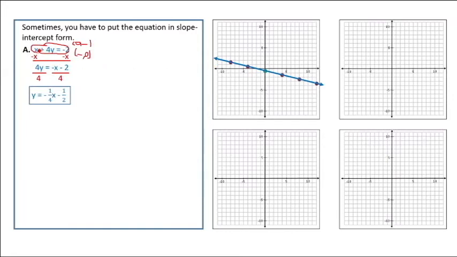If x is a 0 and I solve this for y, I would get negative 1/2. And if I were to instead plug a 0 in for y, you'd see x is a negative 2. Looking over here at our graph, notice your y-intercept 0, negative a half, your x-intercept negative 2, 0. And it would have ended up being the same graph.